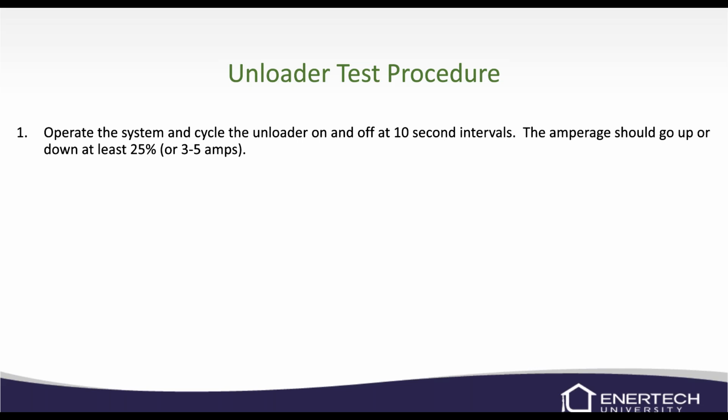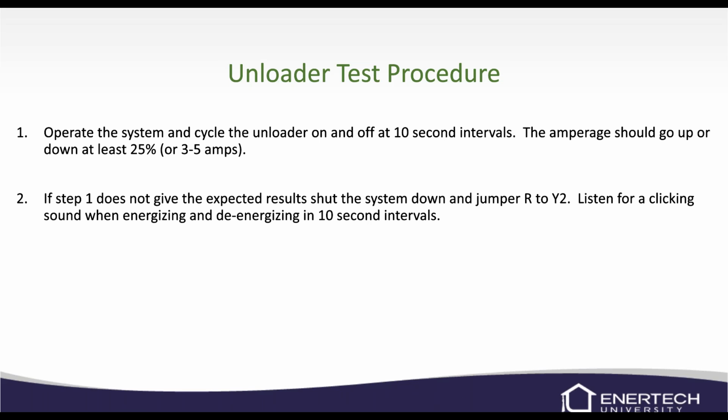So normally if we have an amp meter on our compressor high voltage line there, it should normally go up about 3 to 5 amps, or about 33%. So you can cycle the unloader. Either you can disconnect it from the compressor and plug it back in, or you can remove the Y2 coil and then re-engage it, and you should see that amp draw go up or down.